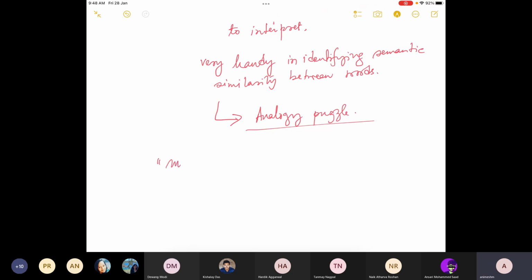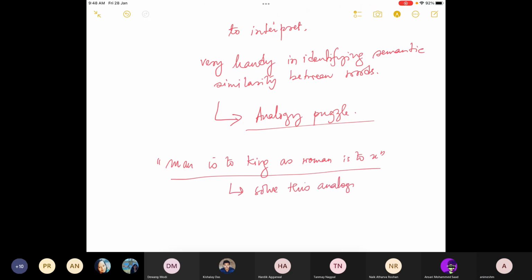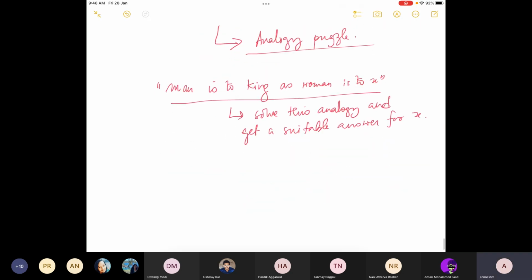So you ask your computer, man is to king as woman is to X. And the computer is tasked to actually solve this analogy and get a suitable answer for X.